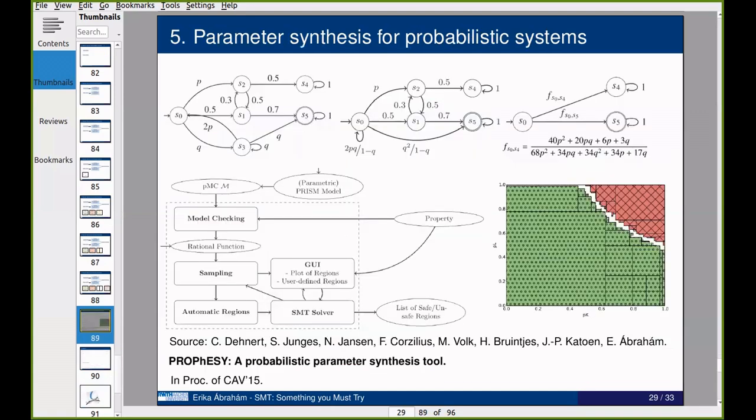A similar idea can be used for parameter synthesis for probabilistic systems, which I now don't have time to explain, but it's the same. We get parameter values where certain areas satisfy a certain probabilistic property that we want to have.